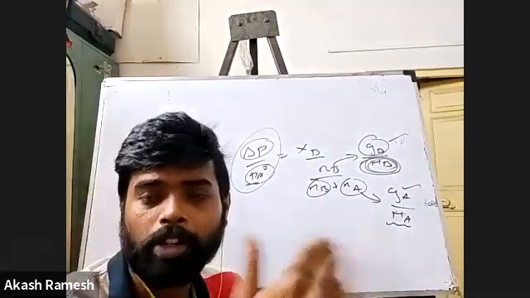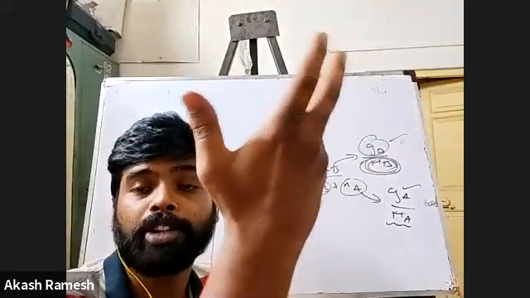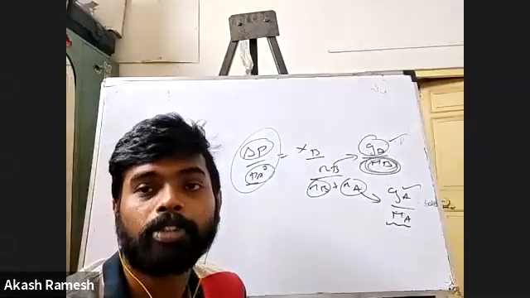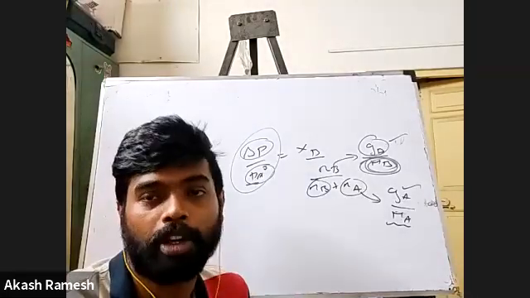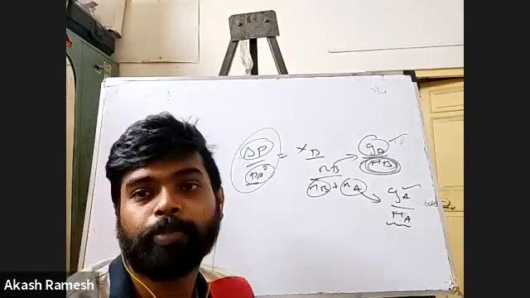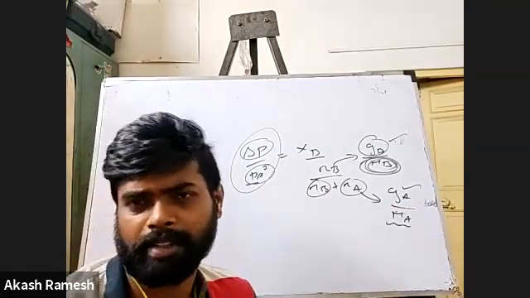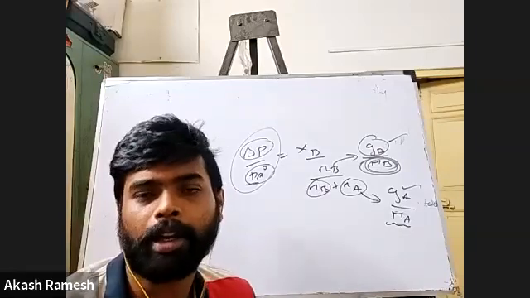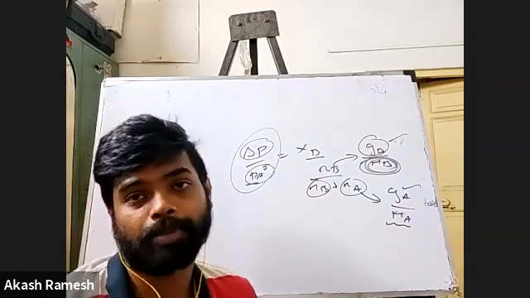If the amount of vapor itself is decreasing, obviously the vapor pressure is decreasing. So for me to make that decreased vapor pressure equal to the atmospheric pressure, obviously I have to supply more temperature. It's as simple as that. That is why we see there is an elevation in boiling point.